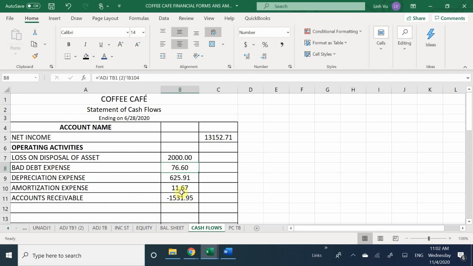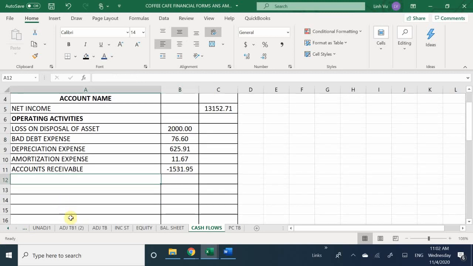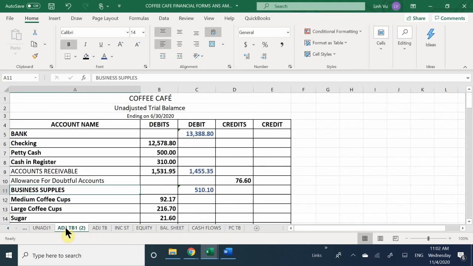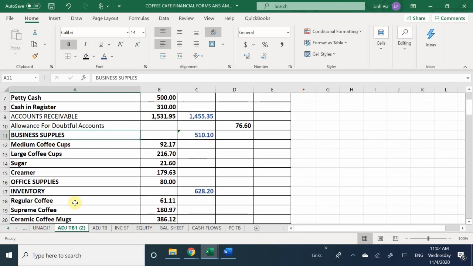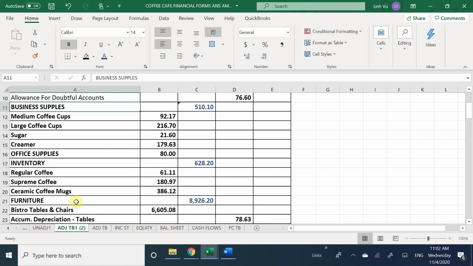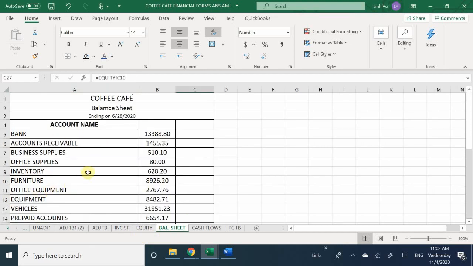So we subtracted out our accounts receivable. What's the next current asset I have? Okay, I have business supplies, office supplies, and inventory. All of those are things that you don't have yet.